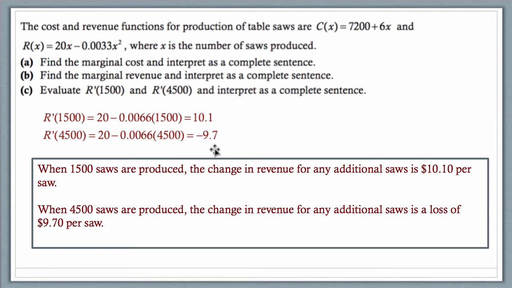But if I produce 4500 saws, my change in revenue for any additional saws is going to be a loss of $9.70 per saw. Don't forget that even though we are evaluating at a point, we're still looking at a rate of change when we are interpreting our derivatives.